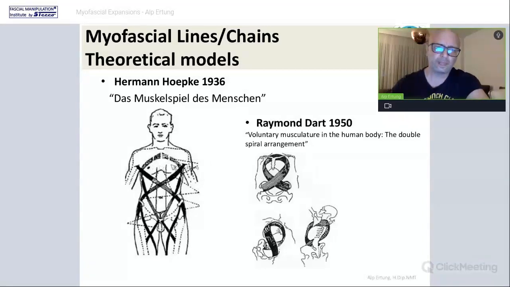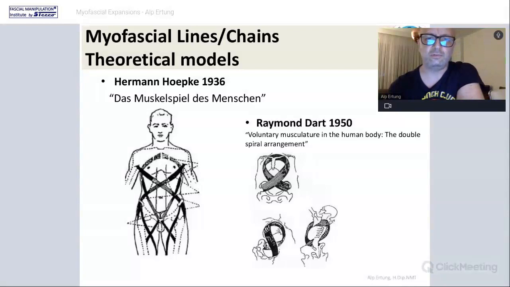And also, we have another special character from the literature, Raymond Dart. He's an anatomist and anthropologist. In 1950, he was talking about spiral arrangement in the voluntary musculature in the human body. And he also related some structures with each other, like the rhomboids and serratus anterior and external and internal oblique, with the help of the abdominal aponeurosis here.